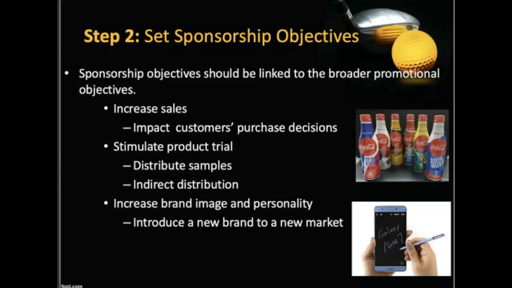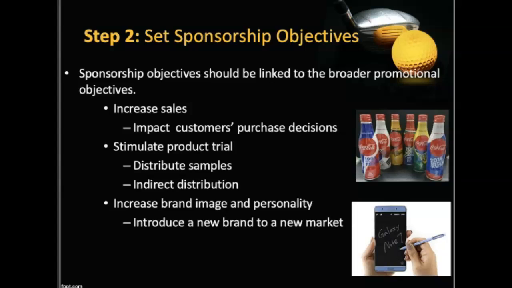The third one is to increase brand image and personality. When we introduce a new brand to new markets, we would like to get bigger brand recognition. So you would like to know whether the sports property can give people the chance to build connections between the products and the property, and whether your brand recognition will be increased or not.